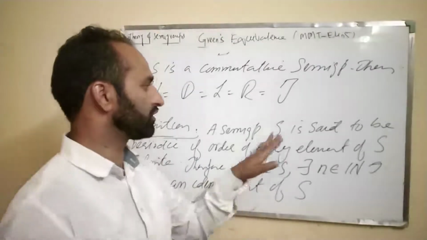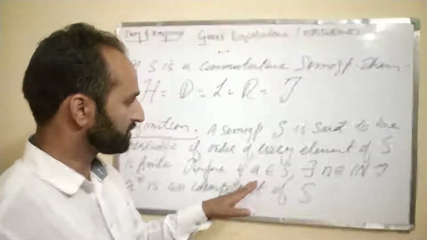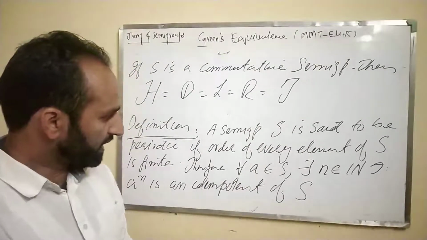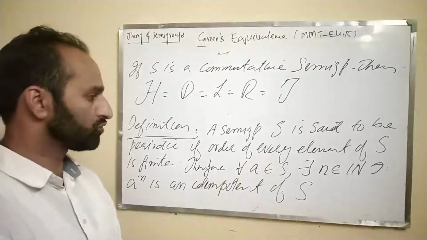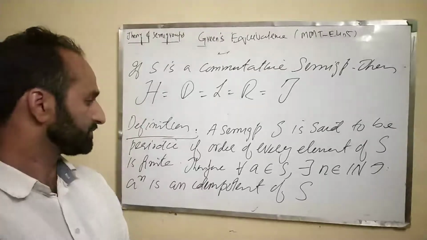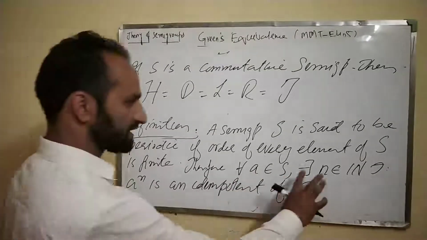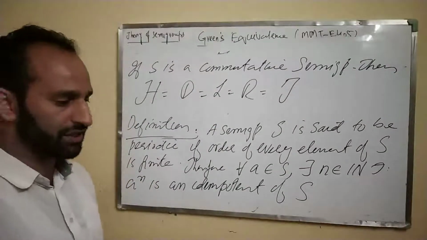Therefore, it is also an idempotent of the semigroup S, because that element must also be an element of S as well. So that's A power some natural number. That's why there exists a natural number n such that A power n is an idempotent of S.